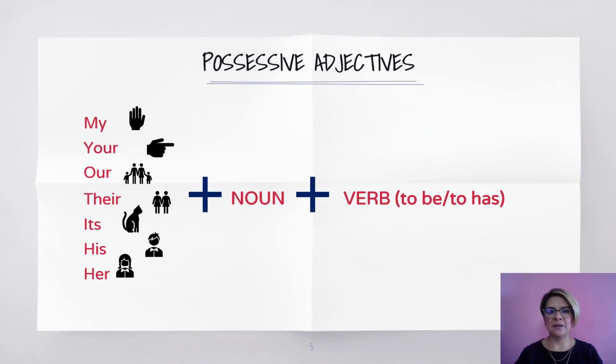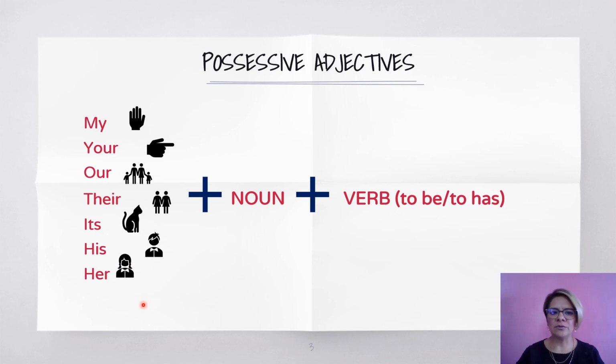These words are called possessive adjectives. My, okay, refers to me; your, our, their, its, his, and her.